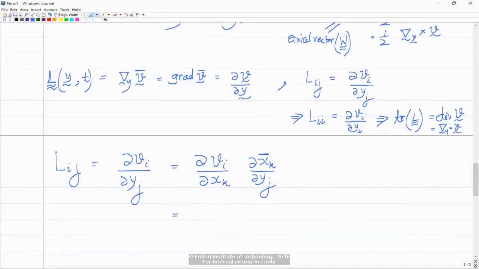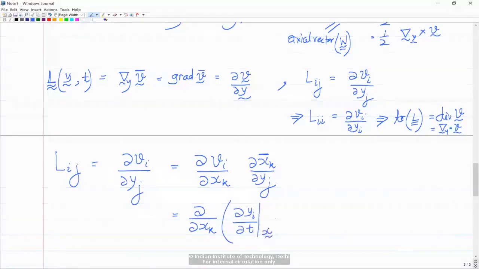So del vi over del xk, what is this quantity? Let's see if we can do something here. Can we write it as del over del xk of vi, the ith component of velocity, which is del yi over del t, keeping x fixed?